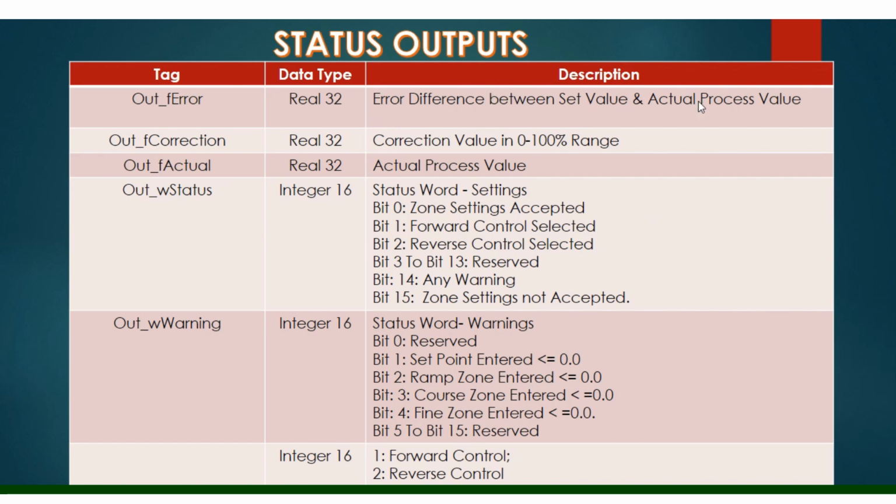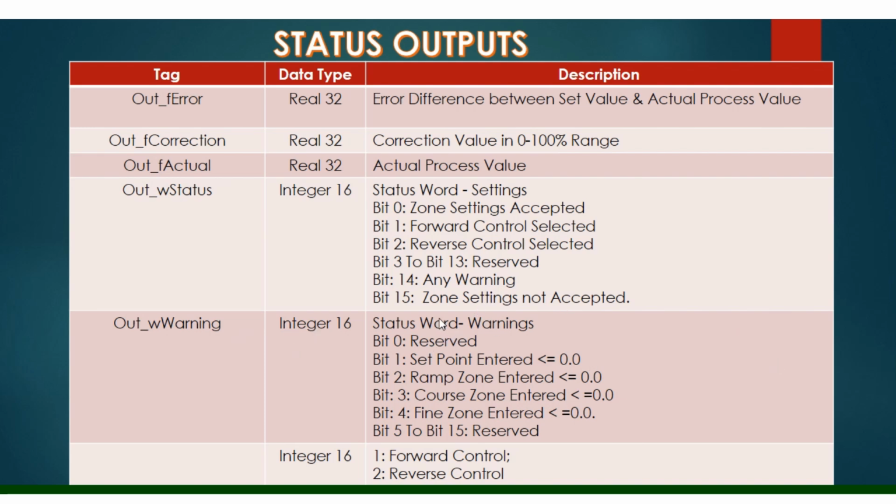These are the status outputs from the function: the error between the set value and the actual value, the correction value in terms of 0 to 100%, and the actual process value which is coming from the input. Now these status words: bit 0 is defined for the zone settings accepted, forward control selected, reverse selected. Bits 3 to 13 are reserved for programming purposes, and 14 and 15 are for warnings and errors.